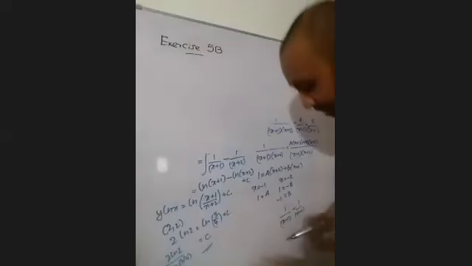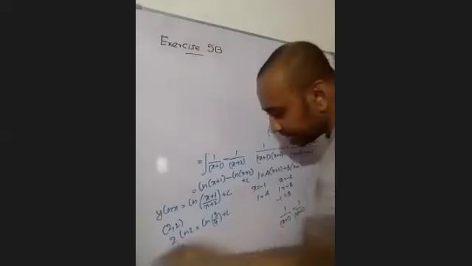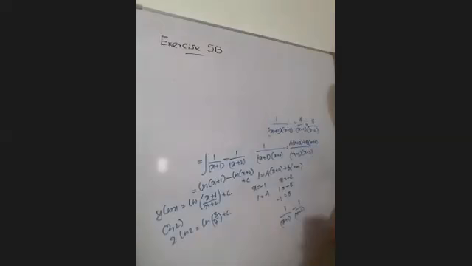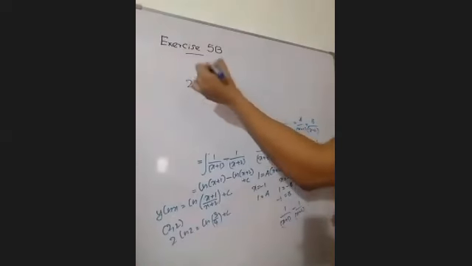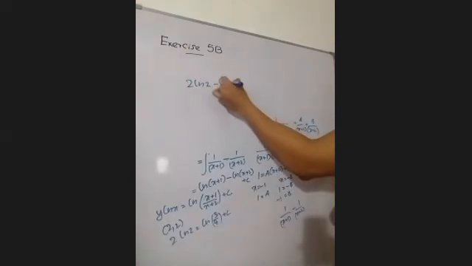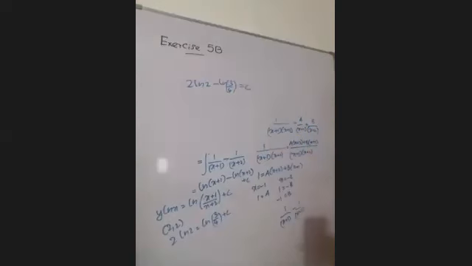Shouldn't it be minus ln 3 over 4? Yeah. Sorry, I just made a mistake. Now it's much easier. So c is equals to ln 2 minus ln 3 over 4 equals to c.